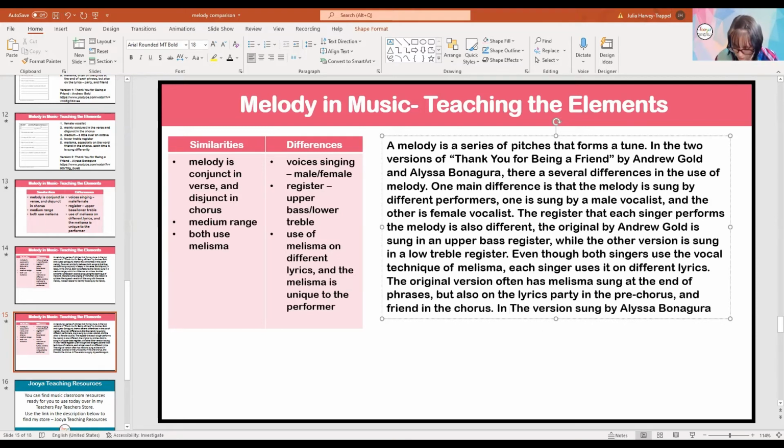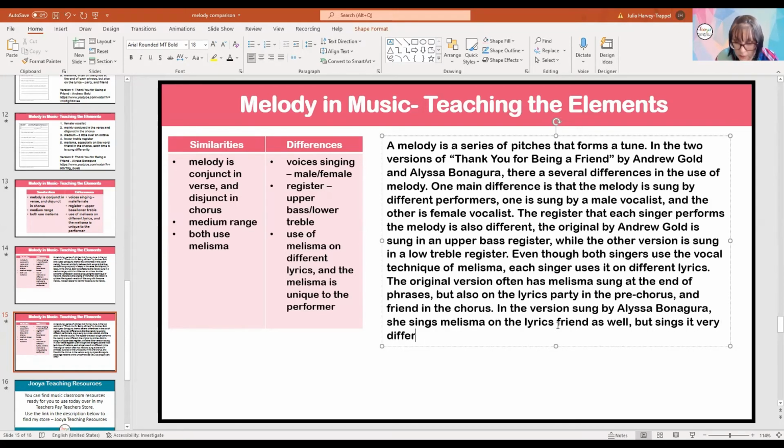In the version sung by Alyssa Banagura, she sings melisma on the lyrics as well, but sings it very differently, uniquely compared to the original.